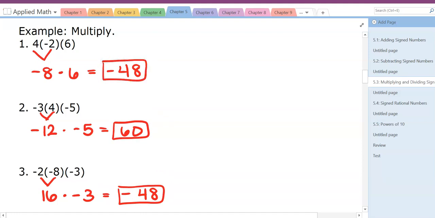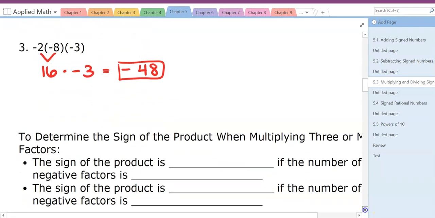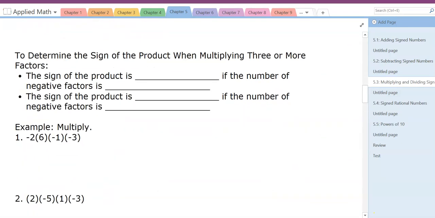Now, if they start doing problems like this where you've got 3, 4, 5, or more numbers that you're trying to multiply together, you really need to watch your signs. Because if they start throwing in some negatives, not all of them are negative, only a couple, and depending on how many numbers you're multiplying by, that's going to change what type of signed number you're going to have.